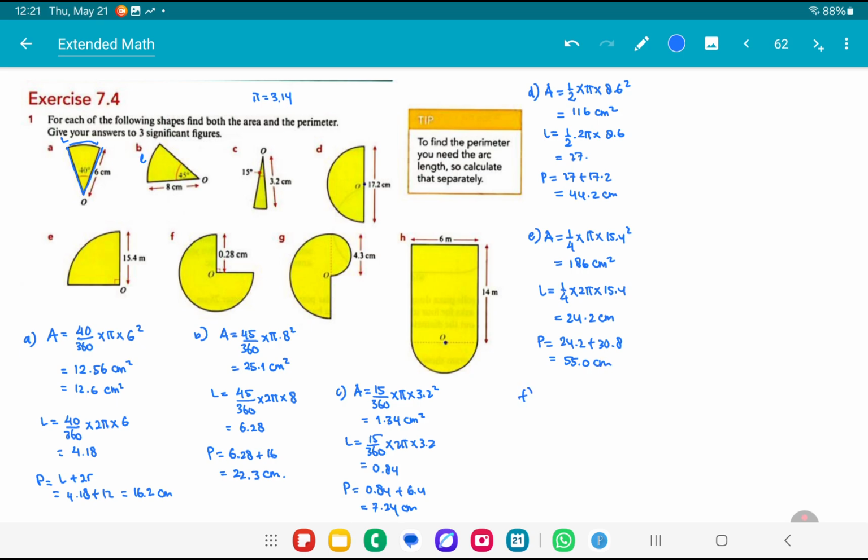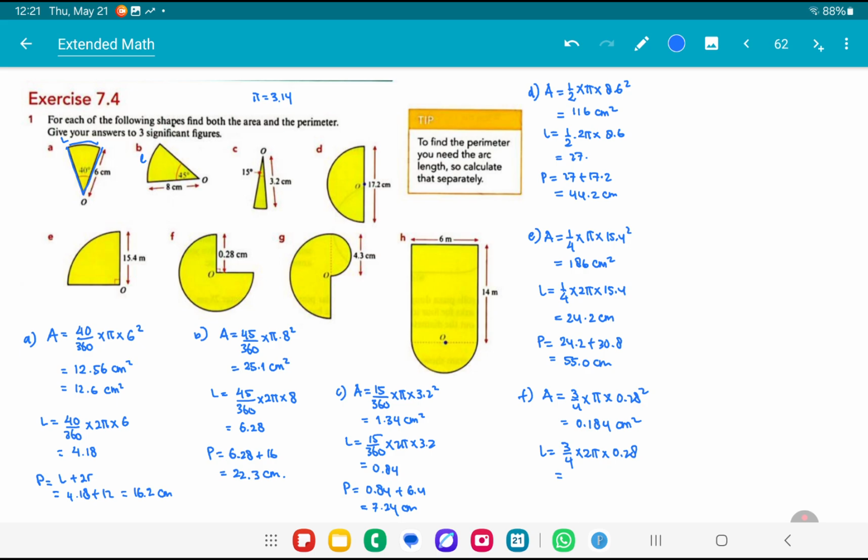For question F, the area is 3/4 multiplied by pi multiplied by the radius squared. So we get 0.184 centimeter squared. And the length of arc equals 3/4 multiplied by 2 pi multiplied by the radius.